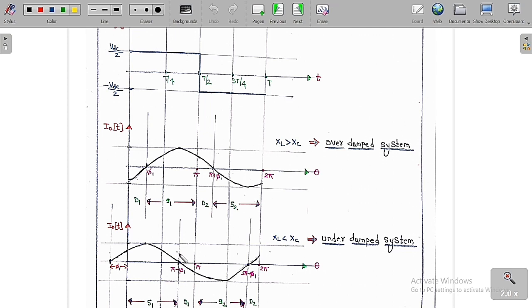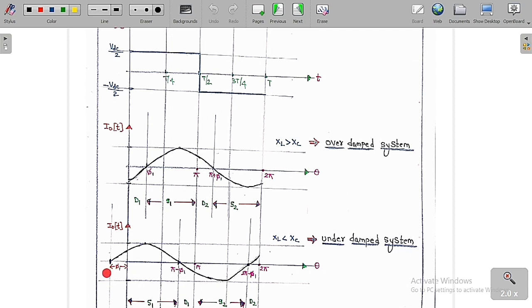So you can see clearly, when XL is greater than XC, we call it the overdamped system, whereas when XL is less than XC, we call it the underdamped system. So this is the overdamped system and this is the underdamped system. You can see clearly from 0 to phi 1. If this is pi plus phi 1, and here this is 2 pi.